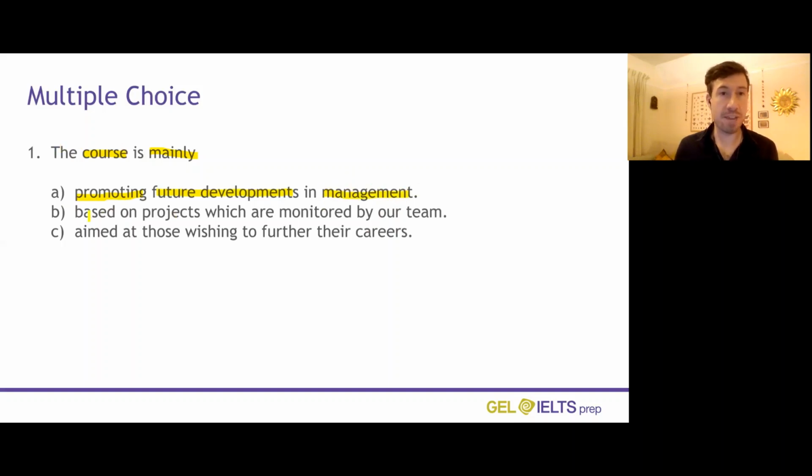The course is mainly based on, there's the verb, projects, noun, which are monitored by our team, a verb phrase, okay? And then the final one, the course is mainly aimed at, the verb, those wishing to further their careers. So those would be the keywords, and that's always the first step to answering a multiple choice question.